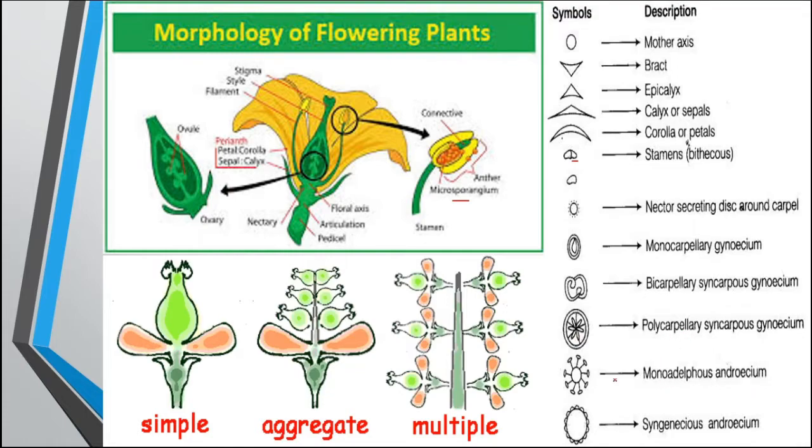Monoadelphous androecium, that means all are present in the same bunch, will make this symbol. And syngenesious androecium, like they are in this fused form. So these are different symbols which we are using during the floral formula.